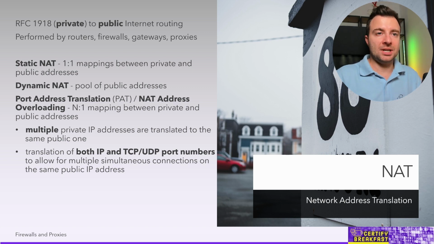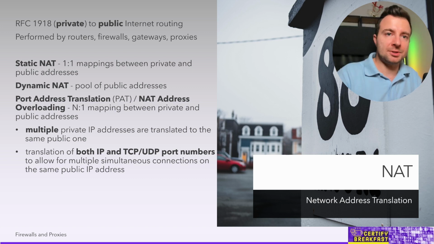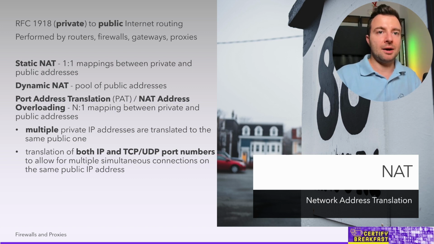Because if 10 people at the same time use the same IP address, when the replies come back in, how does the router know which reply belongs to which user? Well, that's simple. We're calling it port address translation because we're multiplexing. So we're combining multiple connections on the same public IP address, but on different port numbers. Right?